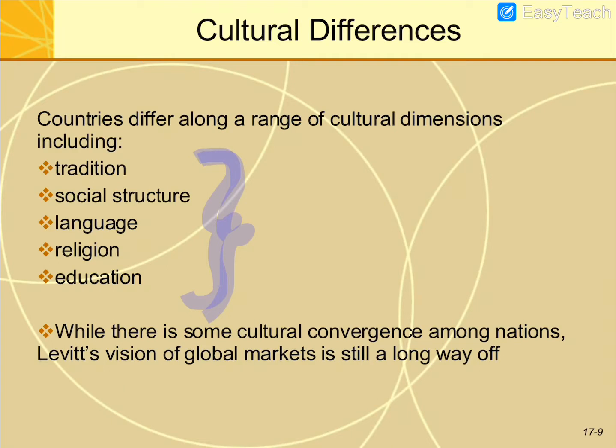As you can see in Malaysia, we don't have any burger made from pork, because Malaysia is not like Thailand. If you go to Thailand, they have this pork hamburger, but in Malaysia, we don't have it. So while there is some cultural convergence among nations, Levitt's vision of a global market is still a long way off.